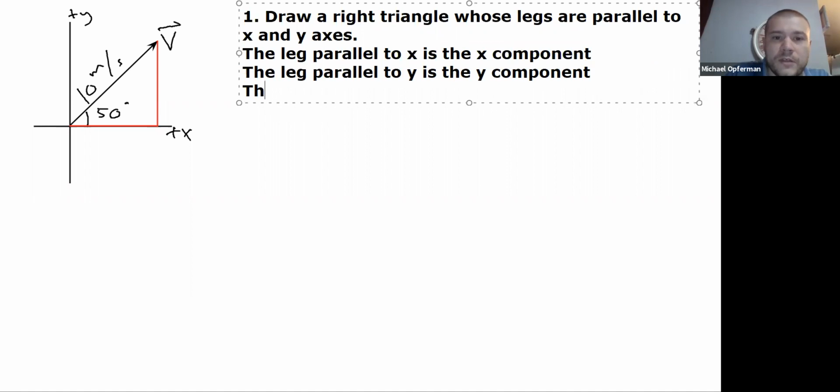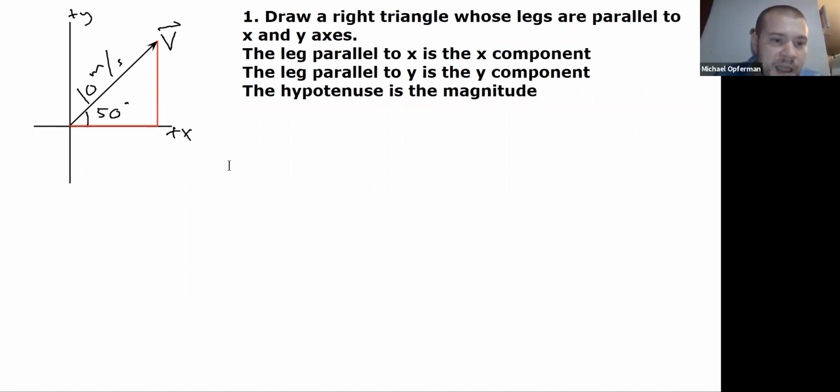And the hypotenuse is the magnitude of the vector. Okay. So now I've turned the vector into a right triangle. That's the really key concept. You can turn a vector into a right triangle.